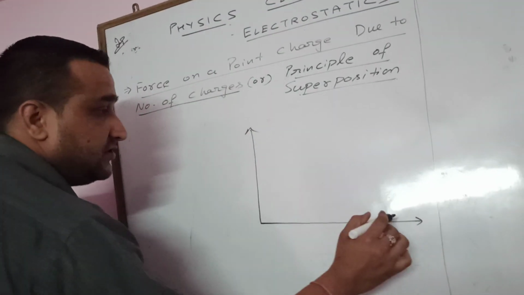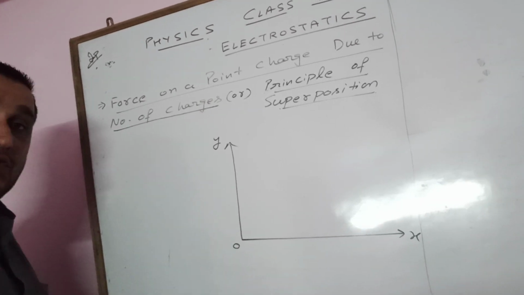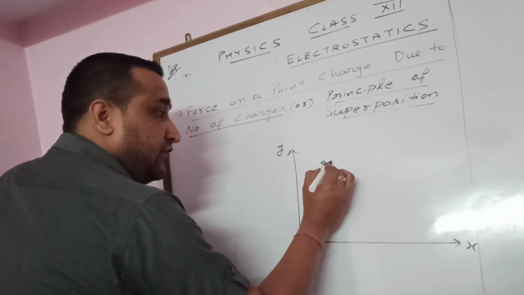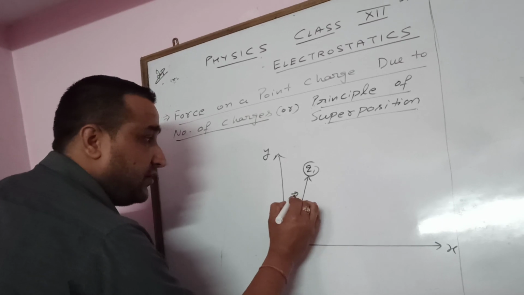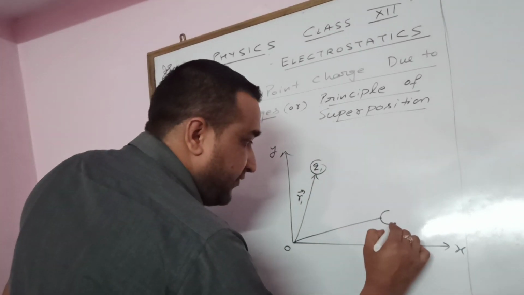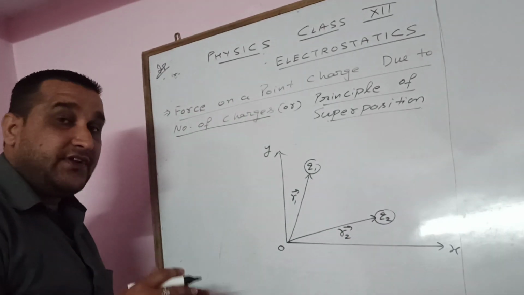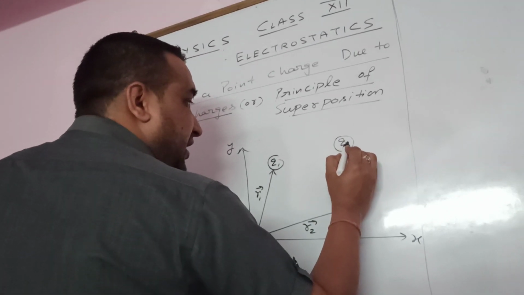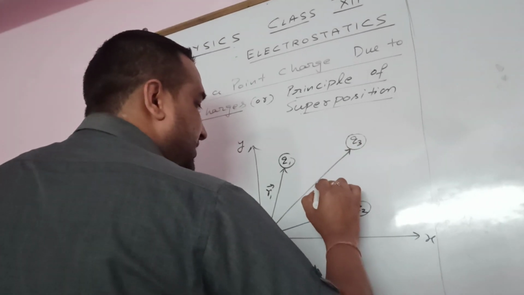Let us suppose this is x, this is y, and this is the origin, a frame. Here we have charge Q1 whose position is R1 in this frame. Here we have charge Q2 whose position is R2 in the same frame, and a third charge Q3 whose position is R3.